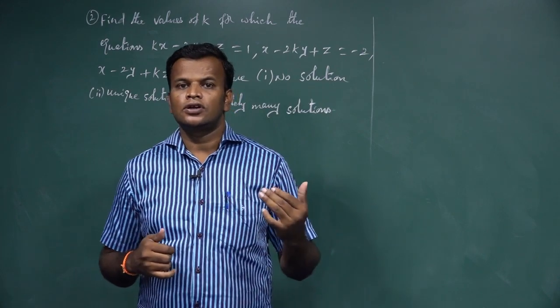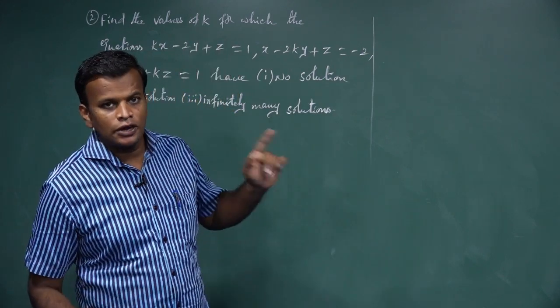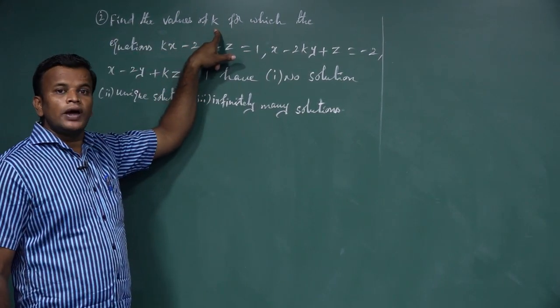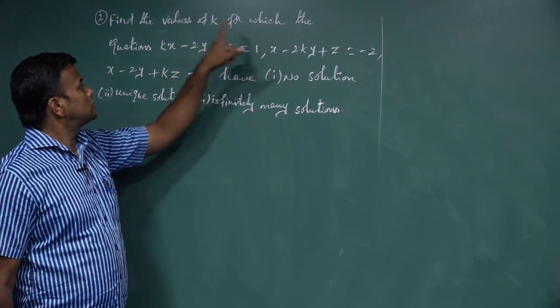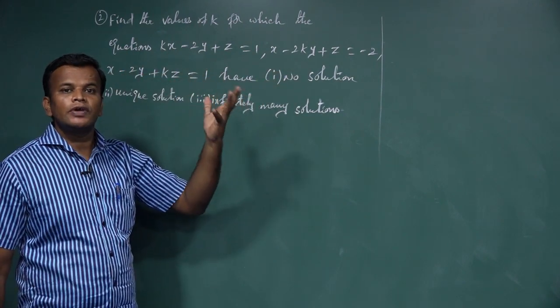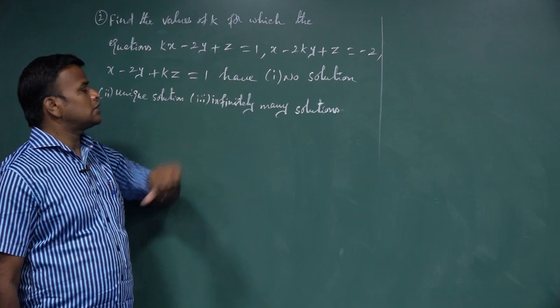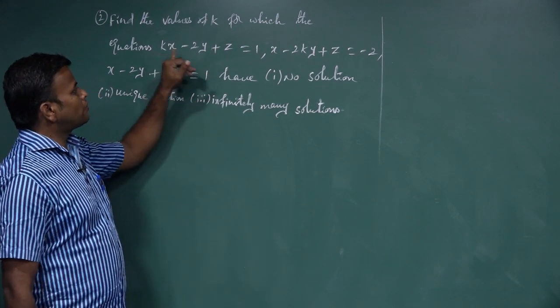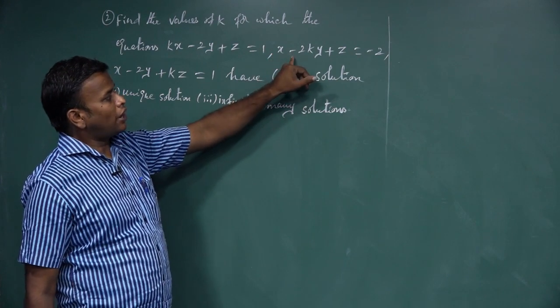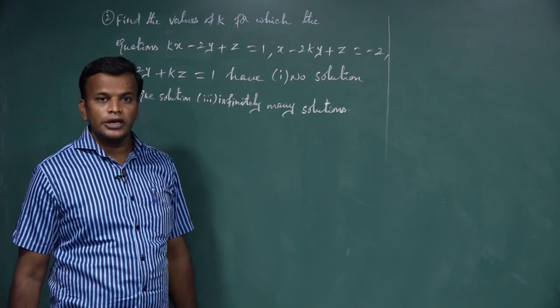Now you see the question, the same exercise, the second one. Find the values of k for which the equations, there will be 3 equations in x, y, z with the constant k: kx minus 2y plus z is equal to 1. Second equation, x minus 2ky plus z is equal to minus 2.